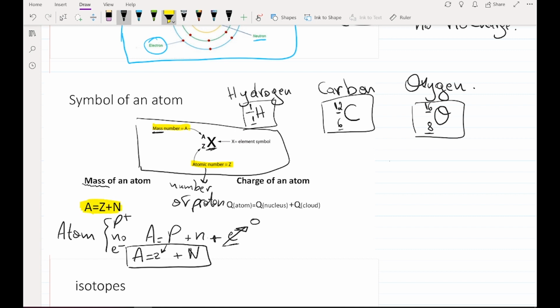So, as an example, لنجيب الماس of an atom, we need to know how many neutrons do we have or how many protons.